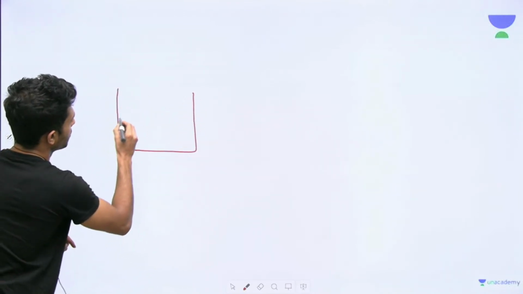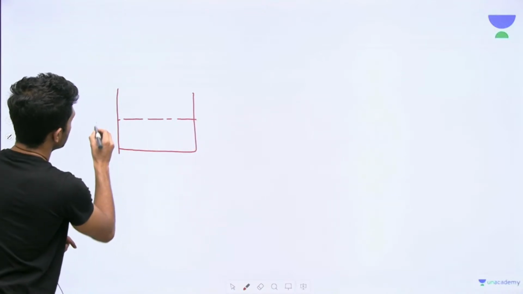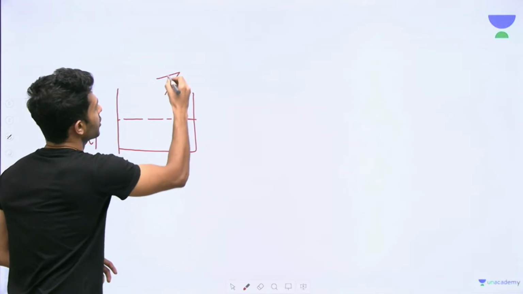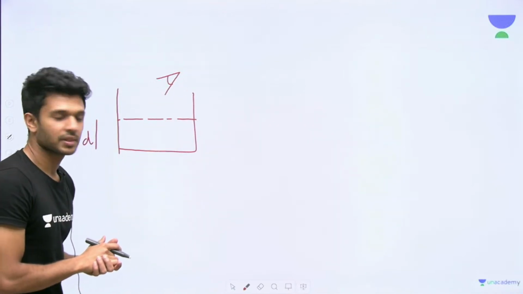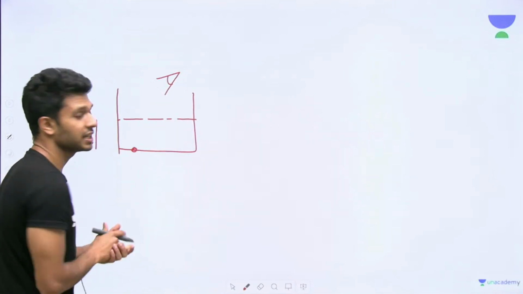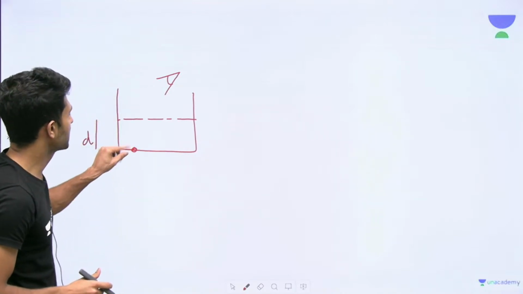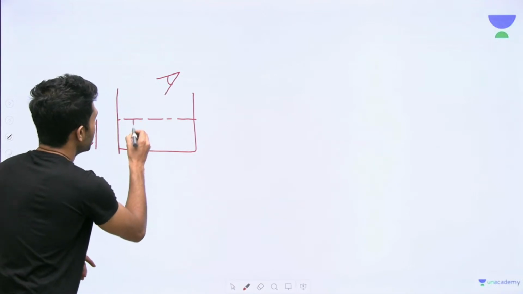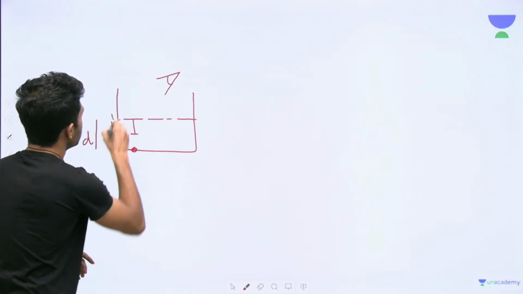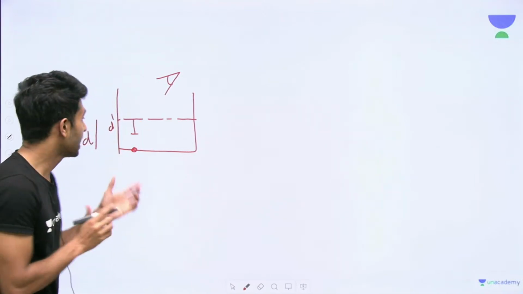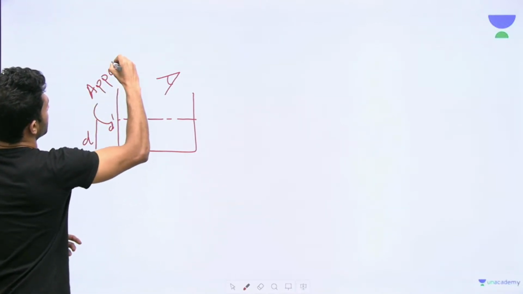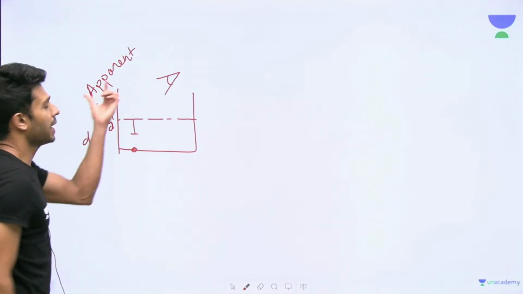Let's say this is our pool and the actual depth of the water is D. But if you are looking from a rarer medium to a denser medium, will you find this particular point at its actual depth? No, you will find it at a lesser depth. The depth will decrease. It becomes D dash, and this is called apparent depth.